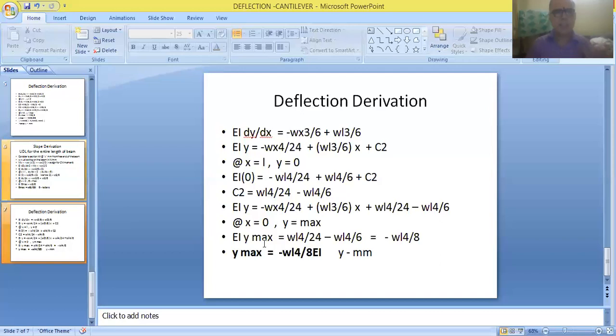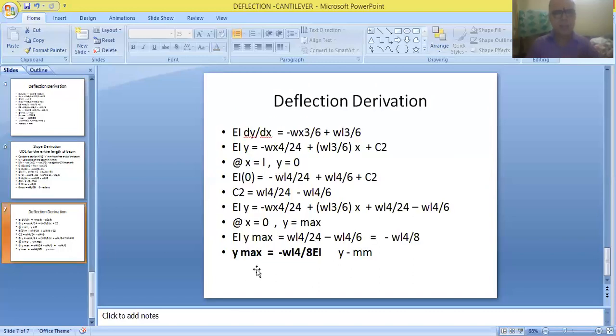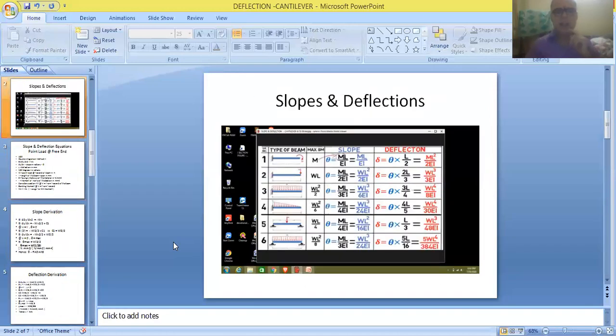So friends, in the case of UDL acting on the cantilever, theta is obtained as WL cube by 6 EI, and the Y value is obtained as minus WL to the fourth by 8 EI. These values are already shown here. We got WL cube by 6 EI, and also WL to the fourth by 8 EI in the last slide.